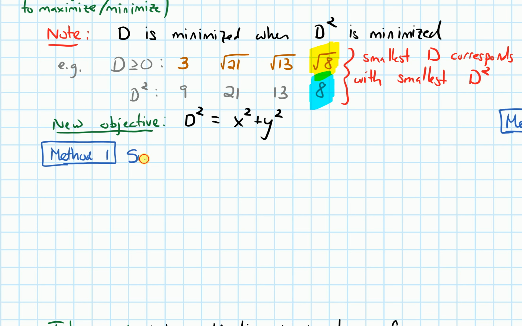So we could substitute the constraint into the objective to eliminate one variable.